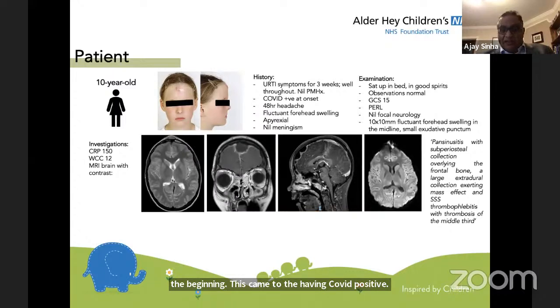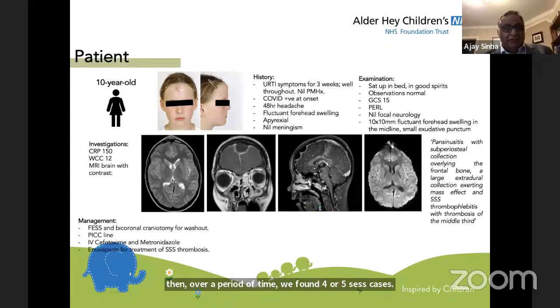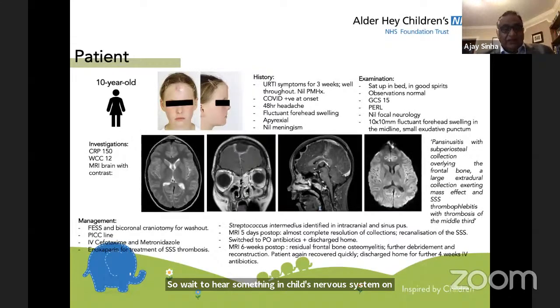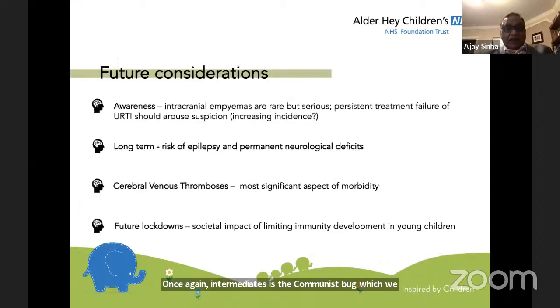So this is something which we have collected and it's in the process of being published. So wait to hear something in Child's Nervous System on this topic. Once again, Streptococcus intermedius is the commonest bug which we found in this group as well. So having an awareness about this condition is a must. And the more you are aware of it, the less likely you'll miss it.